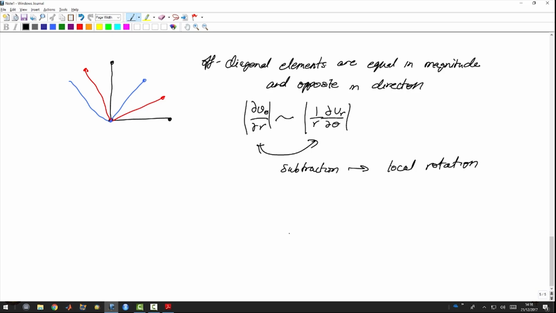This is not surprising if you go back and think of curl of velocity and the components that we looked at earlier, del Vx by del y and del Vy by del x. Subtraction of these is the local rotation in z direction.